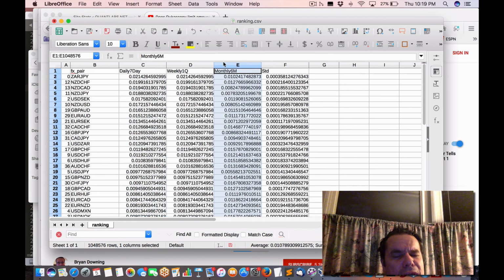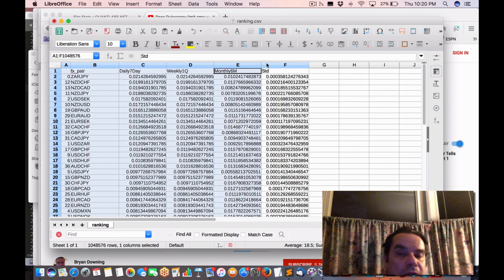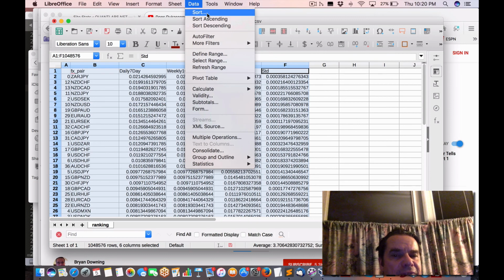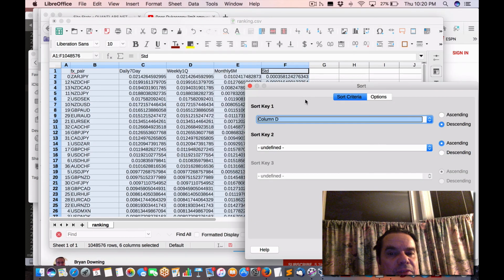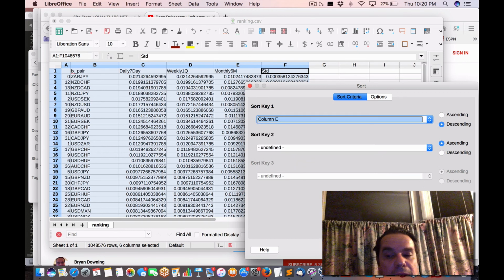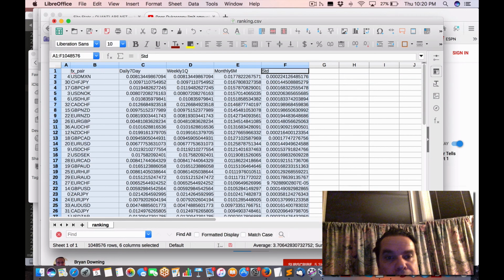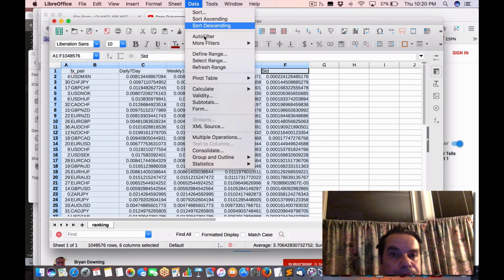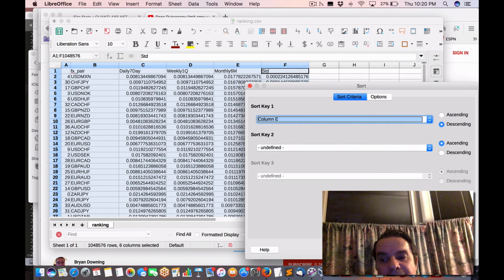If I do the monthly, 6-month one, let's do that as well and see if that changes. I've done this a few times before, and it's pretty consistent. Just making sure. Sort, descending.